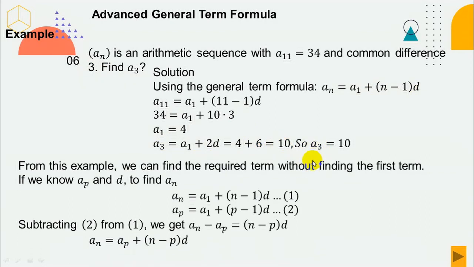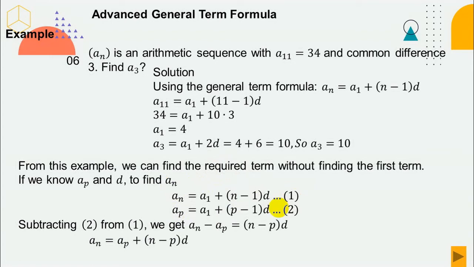But from here, we can use the advanced general term without finding the first term, everyone. So let's say we know the pth term and d, and we want to find the nth term. We can use the general term to get the formula. The general term is just from equation 1 and equation 2, and you can subtract them from each other. Maybe you're curious why I'm using n and why I'm using p.